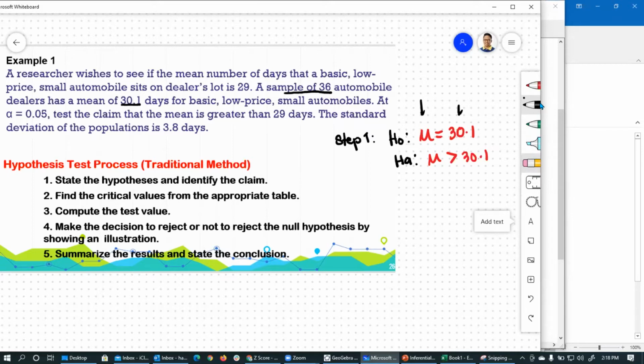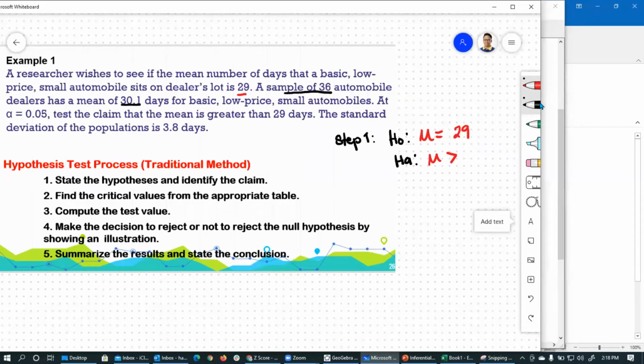Does it make sense? So in other words, we're not going to be using the 30.1 as the mean for the hypotheses that we have. We should be using instead the 29, because that 29 is coming from what the researcher claims, or what the problem claims.